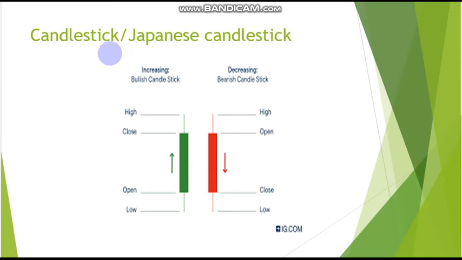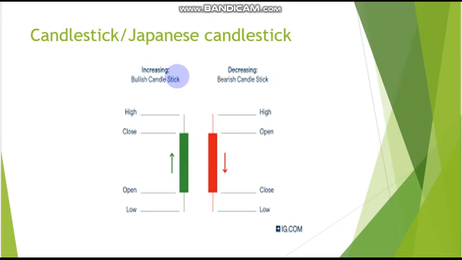So he came up with the Japanese candlestick to help traders understand prices and their behavior in the market, so that they can better predict the market direction.